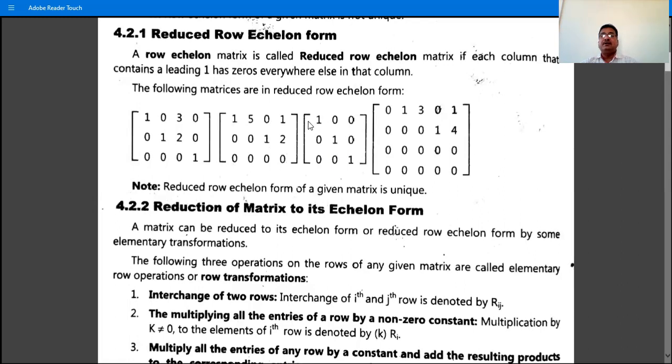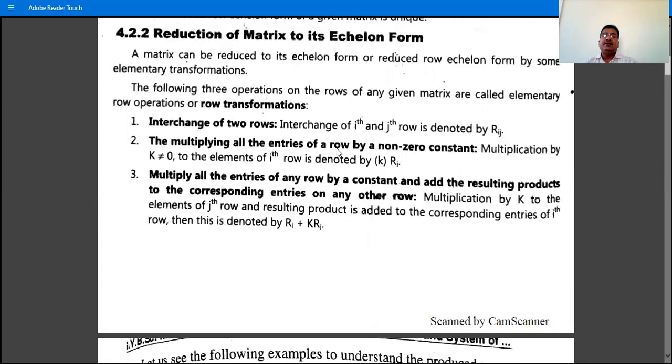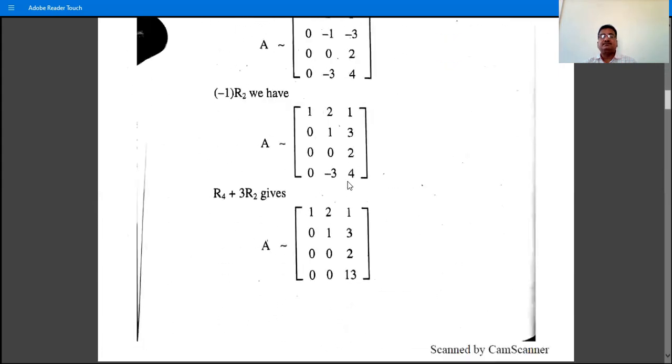If you apply the first definition, the number of non-zero rows in the echelon form, this matrix is itself in echelon form. This is a non-zero row, this is a non-zero row, this is a non-zero row, so its rank is 3. And if you count the leading ones, there are 3 leading ones, so the rank of the matrix is 3. So the rank of the identity matrix of order n by n is n.